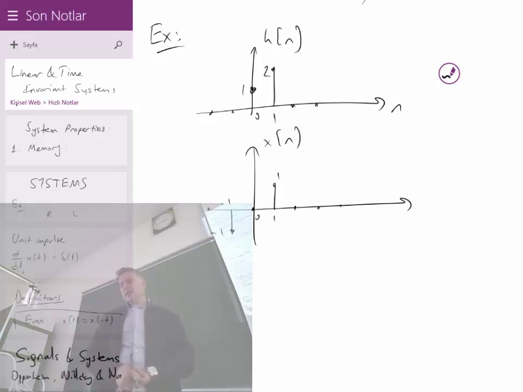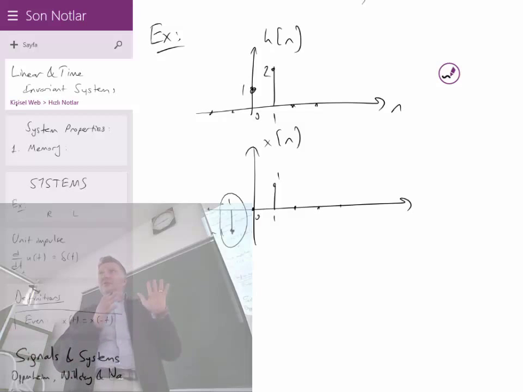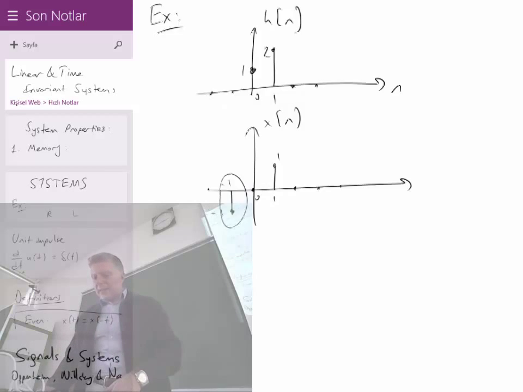So this is the input. What is the output? How will you find it? As you see, you have one impulse here, which is delta n plus 1, shifted to the left and scaled by minus 1. What is the response to that?